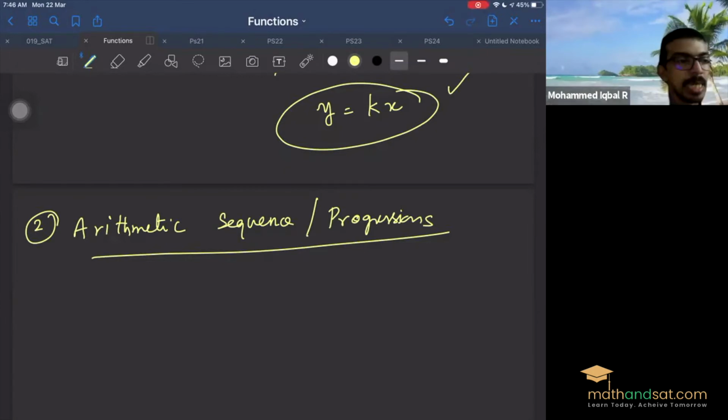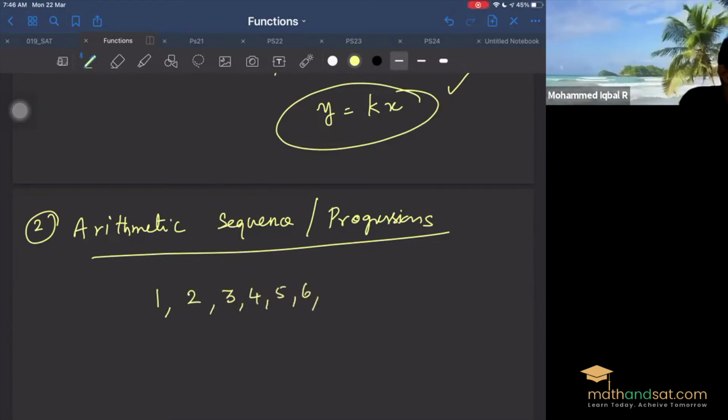Arithmetic sequence? Say, I have a sequence of numbers, for example 1, 2, 3, 4, 5, 6. This is an example of an arithmetic sequence. In an arithmetic sequence, the difference between consecutive terms is always the same.